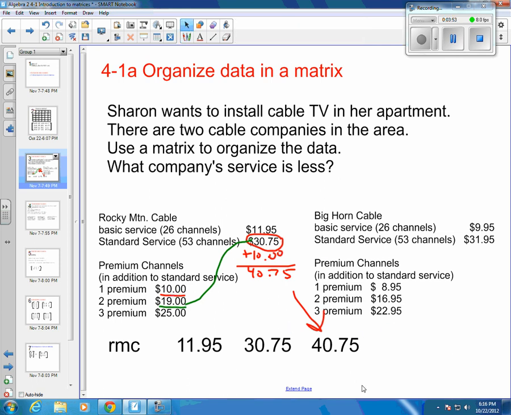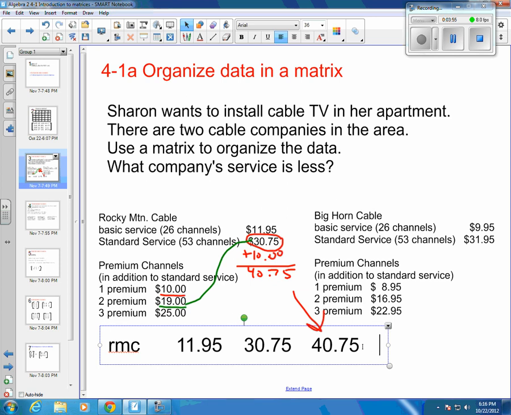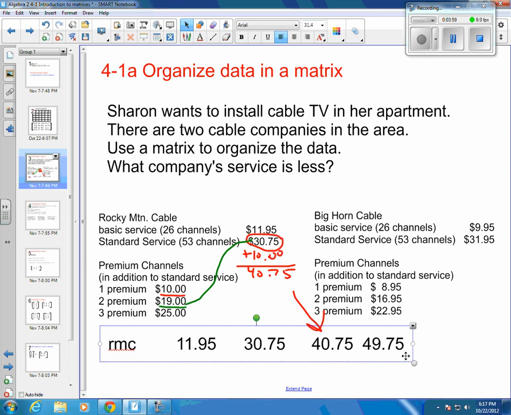Let me go back into my typing so you can read it, my writing a little better. So that's going to be $49.75, and make my writing just a little bit smaller so we can get everything in here. And the last one's 25 plus 30.75. 25 plus 30 is 55. That's going to be $55.75. Okay, so I am just simply adding those numbers on there.